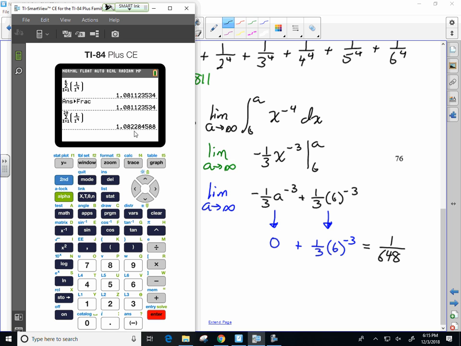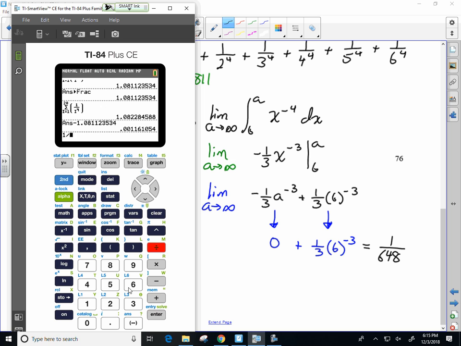All right. So the difference between the two, I mean, we could just do the subtraction, but it looks like it's roughly 0.0011. 6, but I'll just type it in. All right, and 1 out of 648.